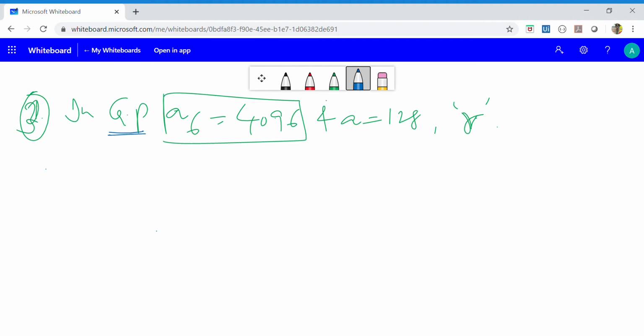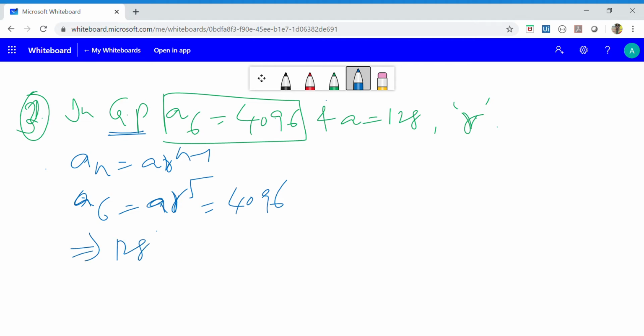GP is given. In GP, what is the general term formula? An is equal to ar power n minus 1. So a6 is equal to ar to the power of 5, that is equal to 4096. A is given as 128. So 128 r to the power of 5 is equal to 4096. And r to the power of 5 is equal to 4096 by 128.